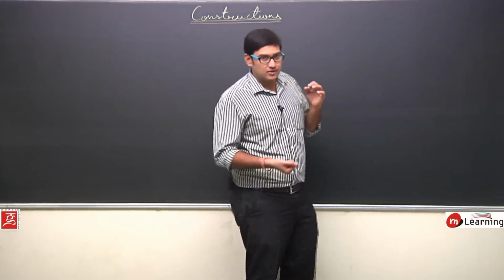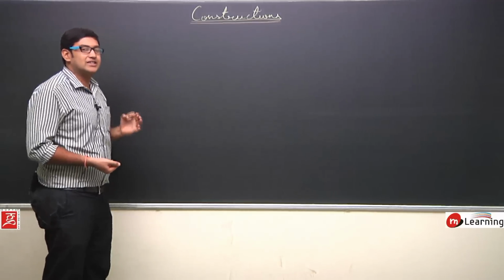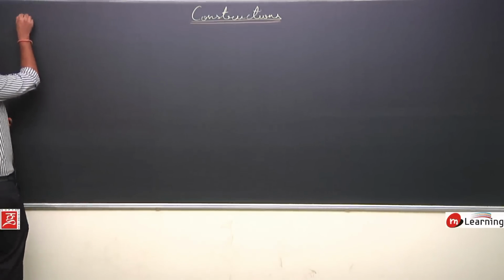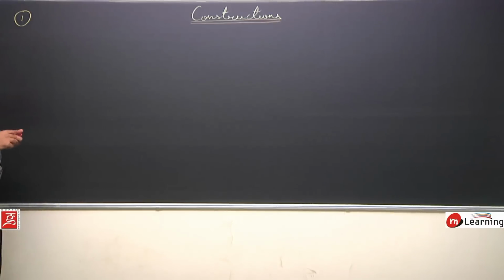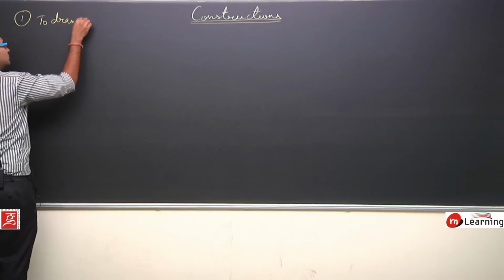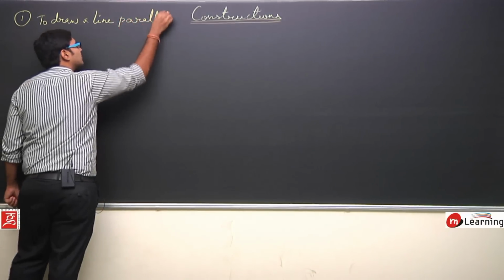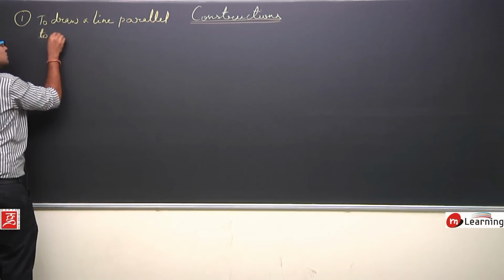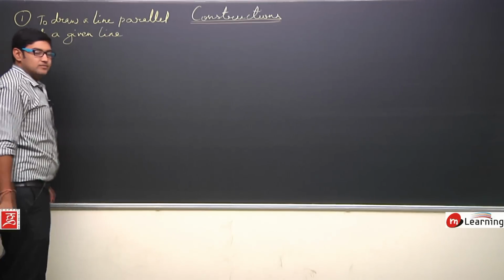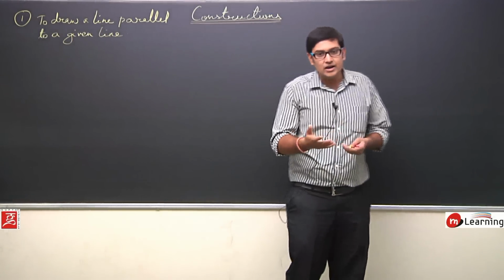In class 10th, let me give you a brief of what construction we have to do. The first thing that we need to construct in class 10th is to draw a line parallel to a given line.